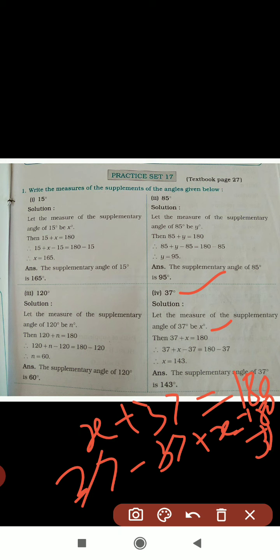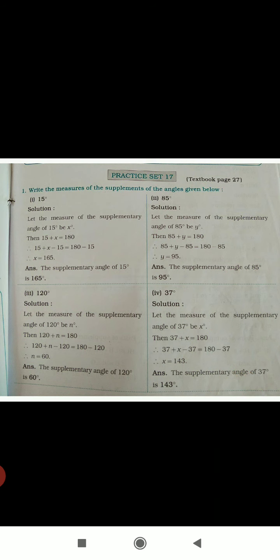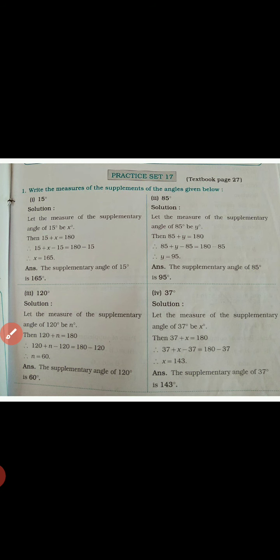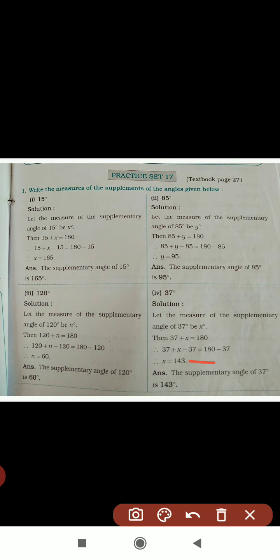So what is the supplementary angle of 37? That is 143. Understood, children? The remaining 5, 6, 7 are for homework. Like this you have to solve.